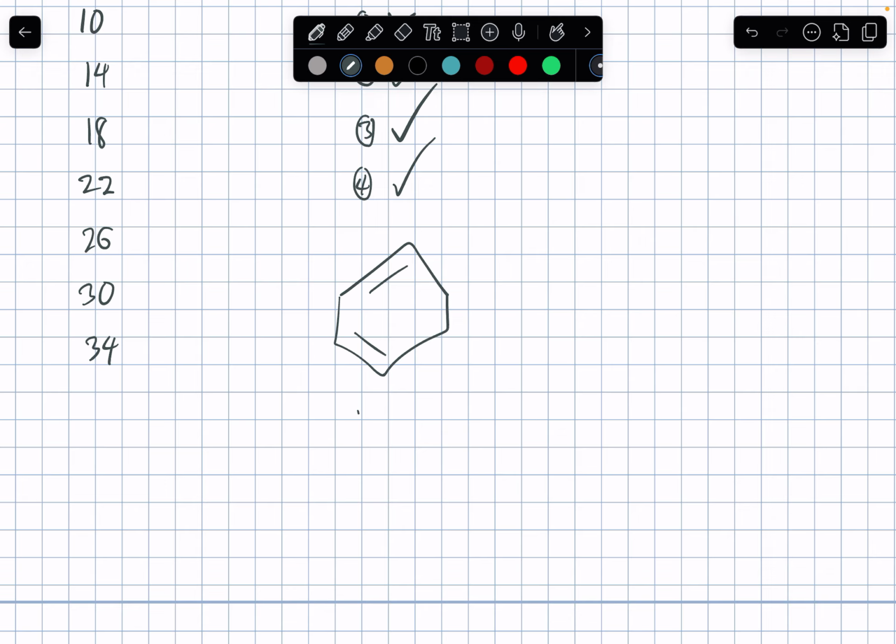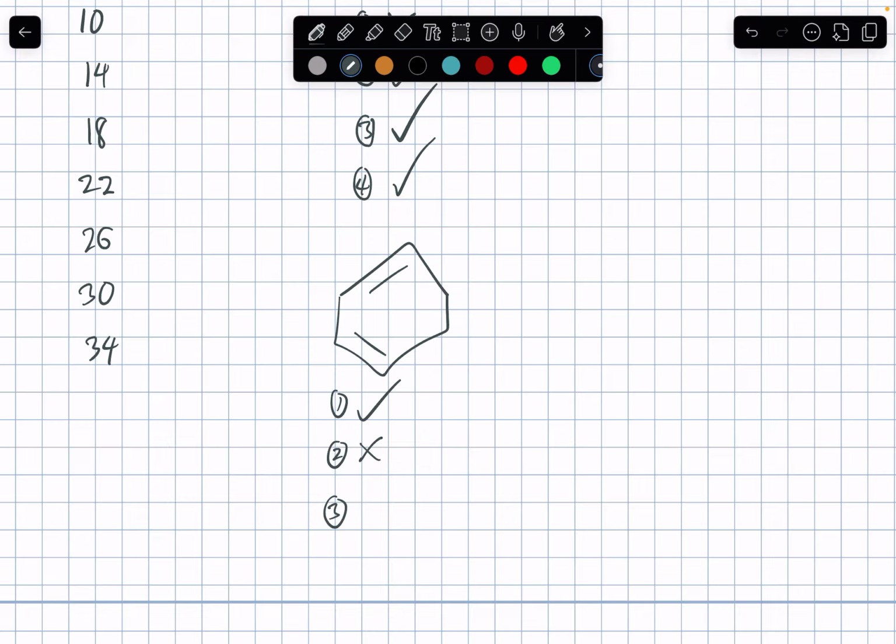This is cyclic, number 1. Number 2, it is planar. Actually, no, it's not planar. There is some vagueness when it comes to determining if a compound is planar. That's supposedly for difficult figures. It will be specified if the compound is planar or not.